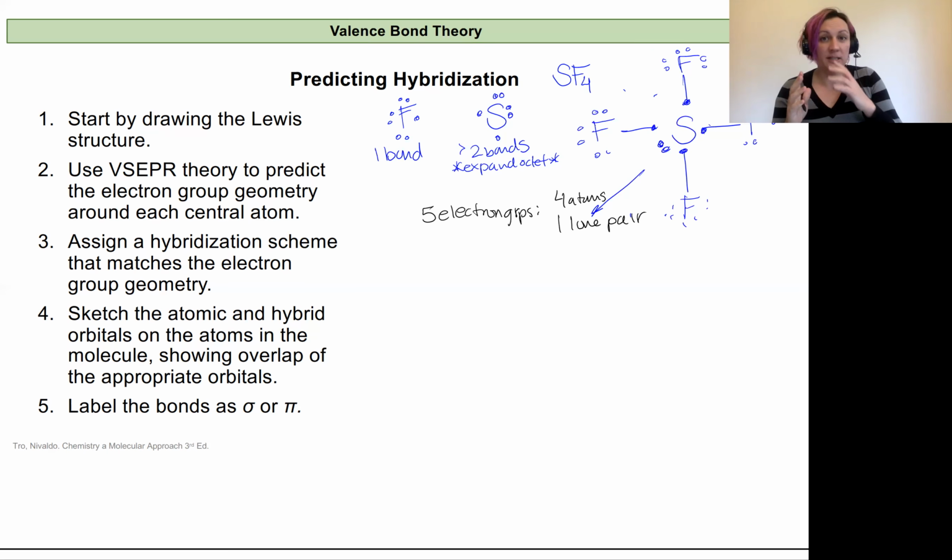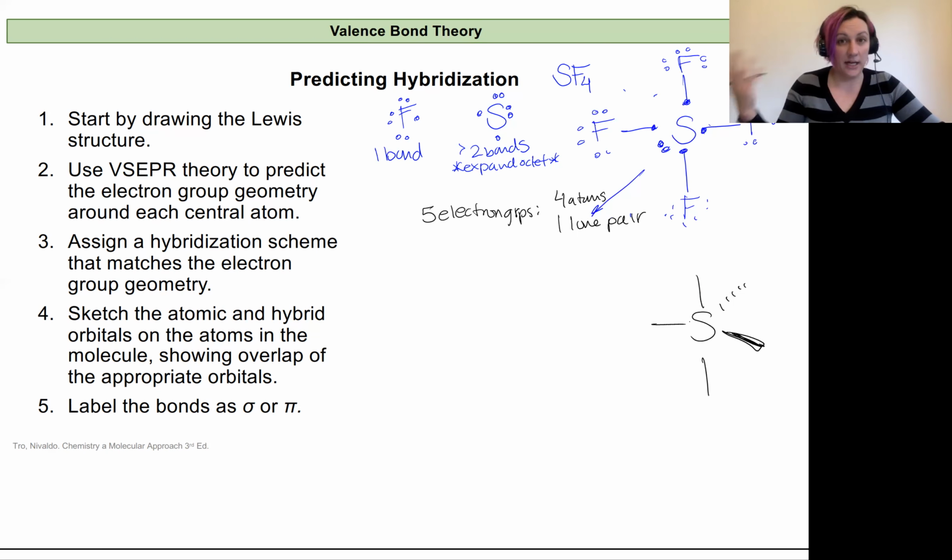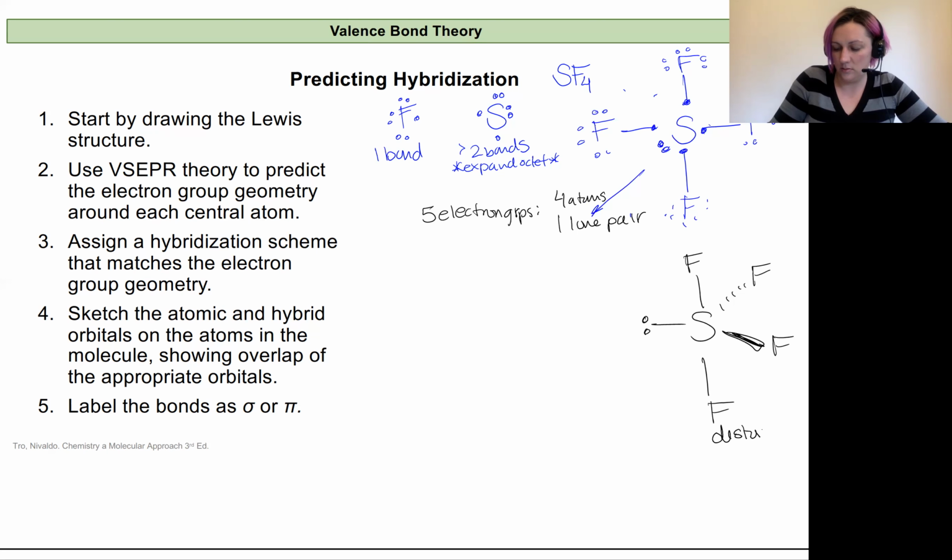Now, the name of my molecular geometry probably won't be that because I have a lone pair. When I build this out, I'm going to have sulfur in the center, and I've got my 5 lines. One of these is going to be a lone pair, and the rest will be fluorine. So this ends up being that distorted tetrahedral geometry, because we're naming it just based on the atoms that are bonded to it.